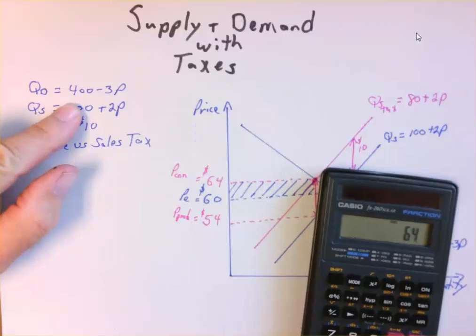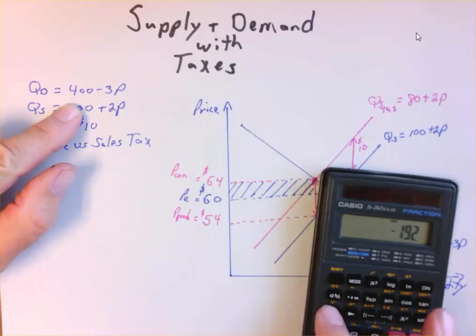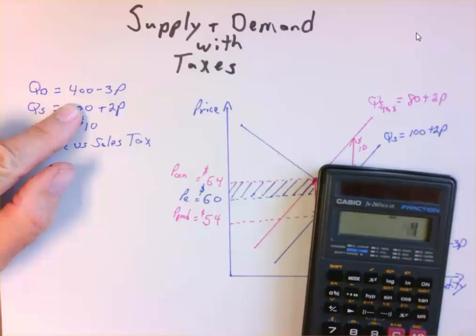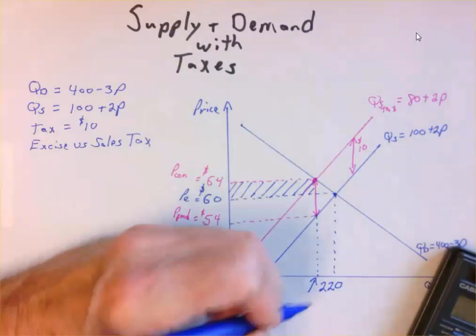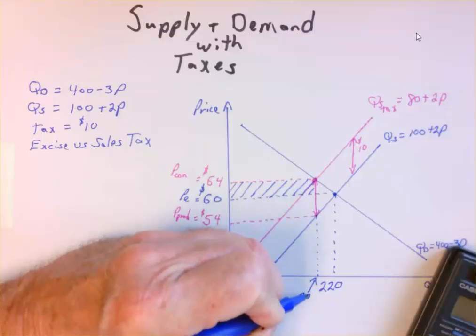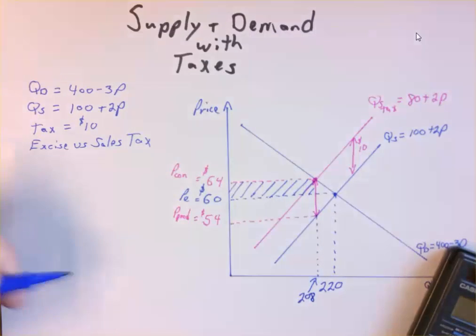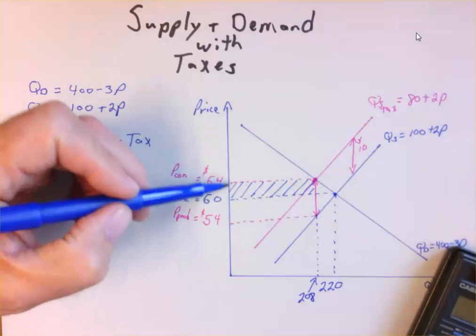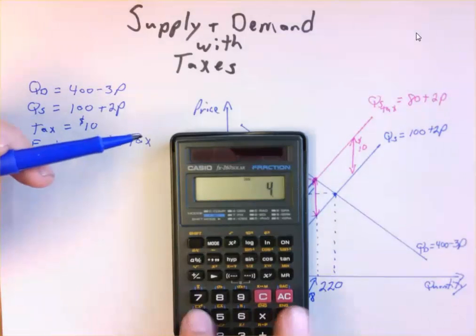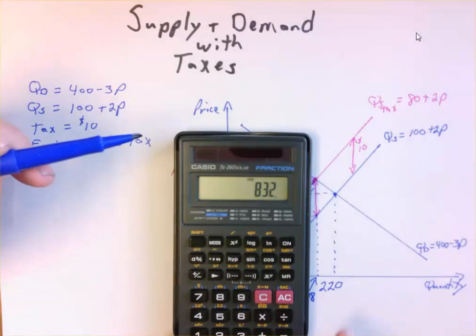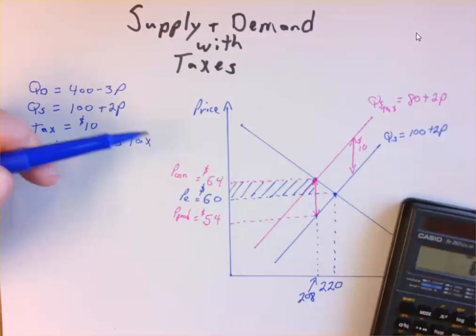So 64 times 3, subtract that mess from 400, and I get 208. So this number is 208, right? So we say consumers paid $4 on every one times the number they bought, which was 208. So 208 times $4. Consumers paid $832 of the tax.